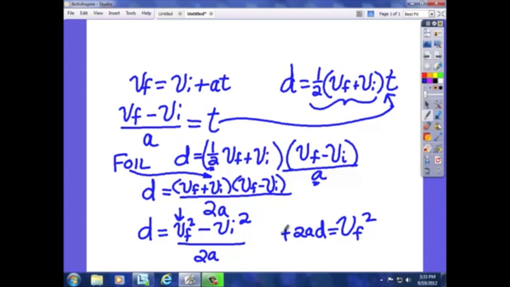And so we have the fourth motion equation, and of course the reflexive property allows us to go either side of the equal sign. So V final squared is equal to V initial squared plus 2 times the acceleration times the displacement.